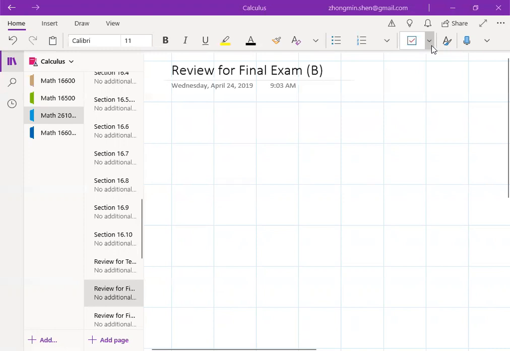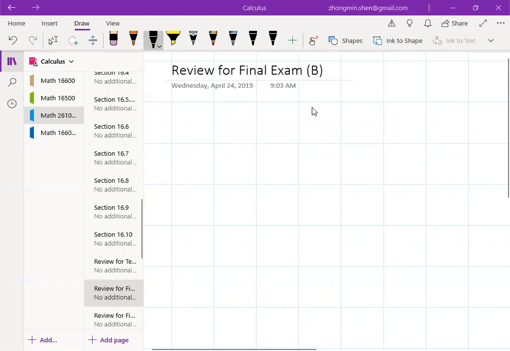So the next problem I want to discuss is the following one. We use the divergence theorem to evaluate this surface integral. Sometimes I will tell you to use the divergence theorem to evaluate the surface integral.